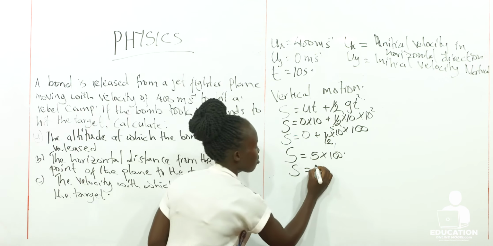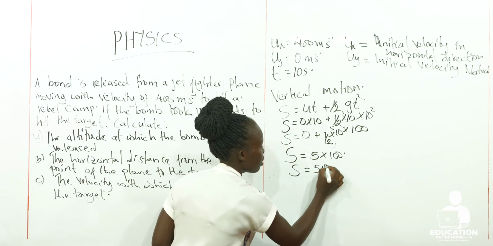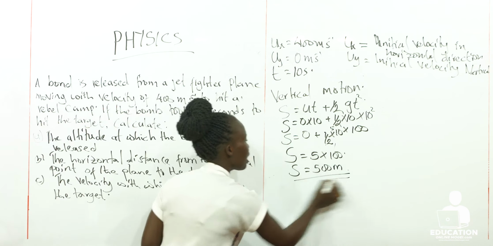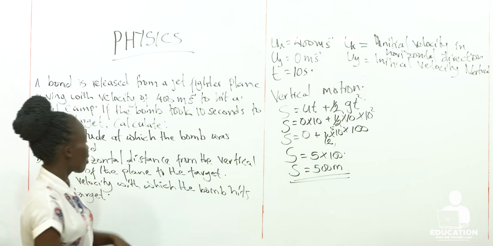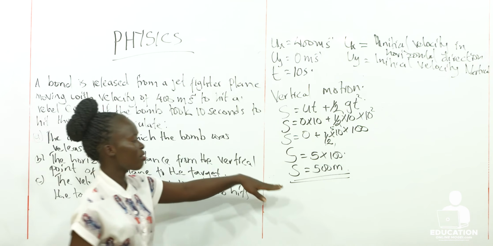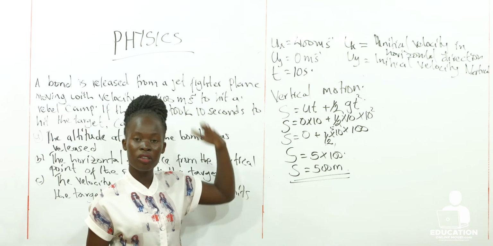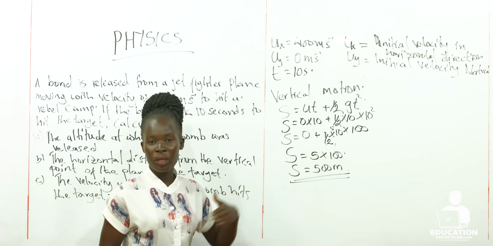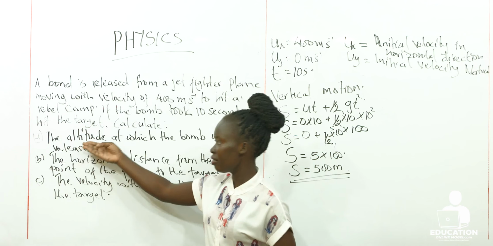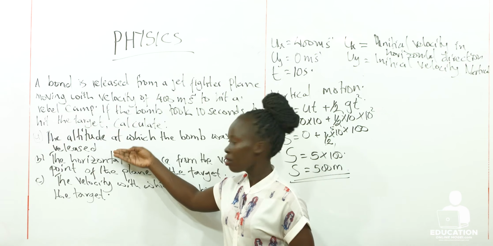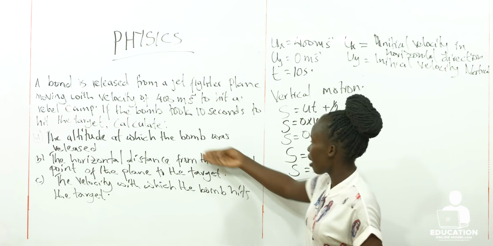You'll have it as 500 meters. Meaning that the maximum height reached by this plane when it released the bomb, which is also the altitude. So that is our answer for the first.